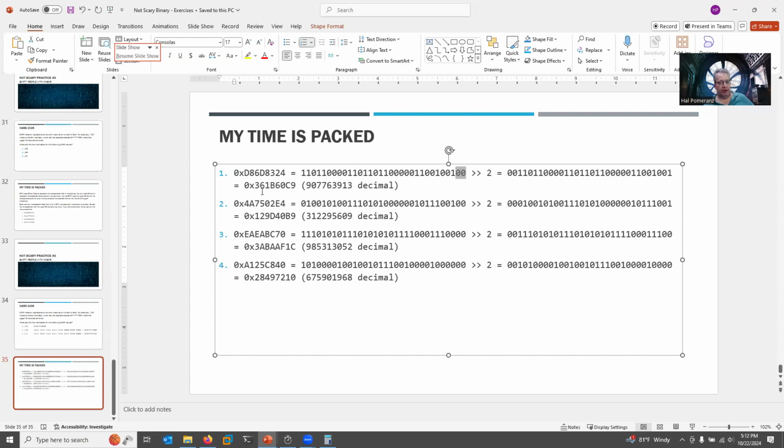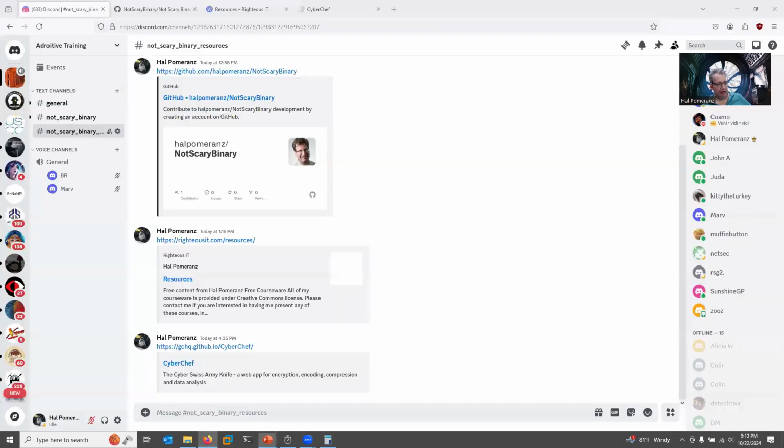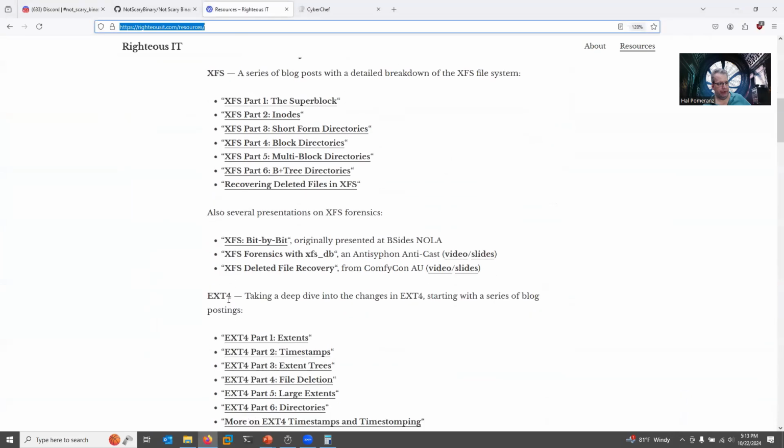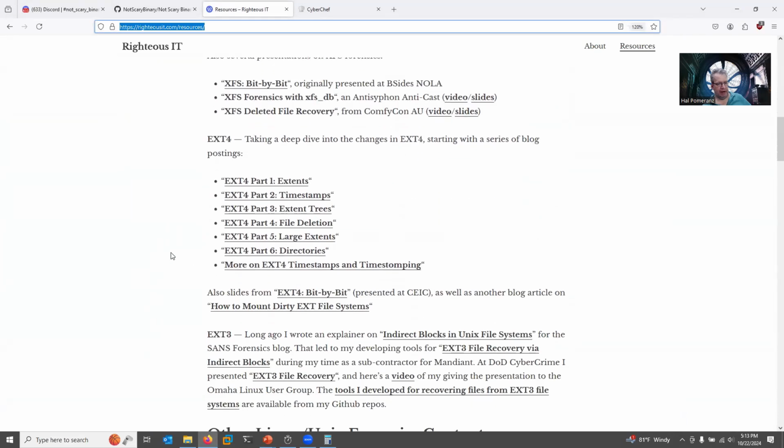Anyway, I wrote a blog post about how this time thing works in detail. If you go to my resources page, down here, I've got a bunch of different breakdowns of different file systems. But this article I actually wrote just recently, more on ext4 timestamps and time stomping. If you want to learn exactly how those timestamps are used with those extra seconds, I go into detail about that. I also provide you with a tool.